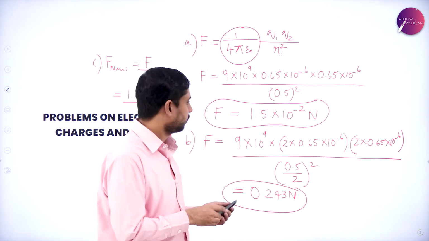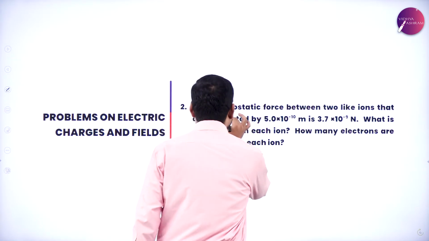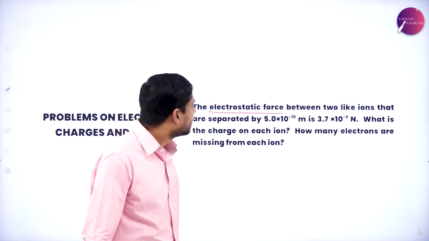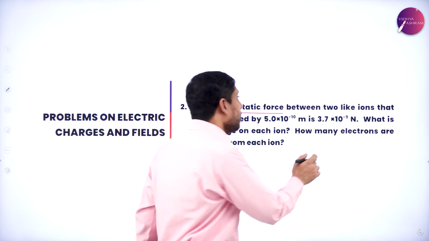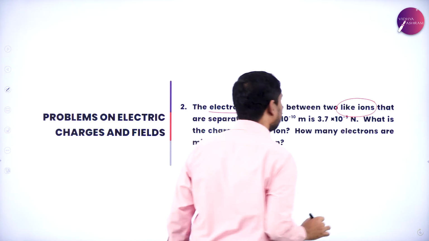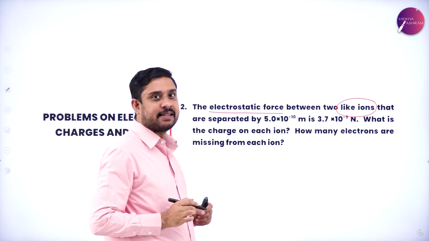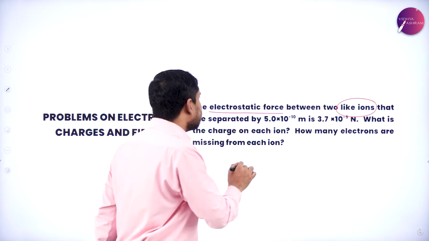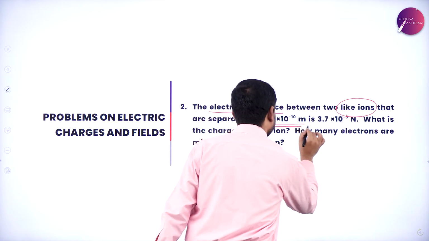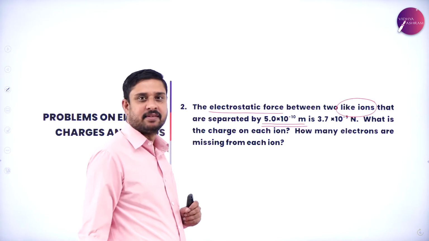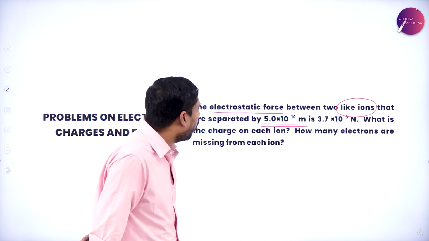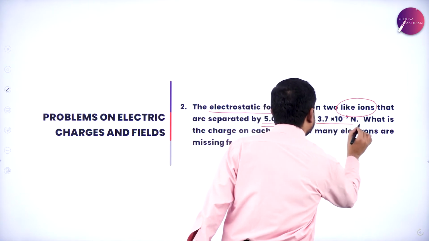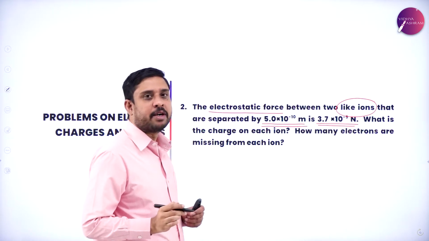The next one. Now he says, the electrostatic force between two like ions, same ions, separated by 5 into 10 power minus 10 meter is 3.7 into 10 power minus 9 Newton.